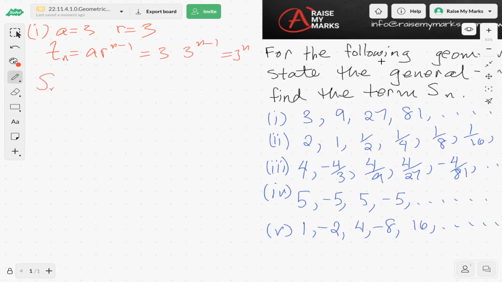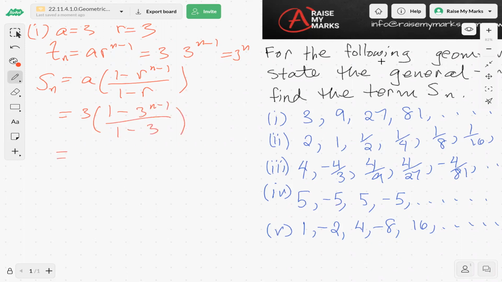Okay, so now our Sn, the sum of the first n terms, equals A times 1 minus R to the n, over 1 minus R. Let's plug everything in. We have 3 times 1 minus 3 to the n, over 1 minus 3.